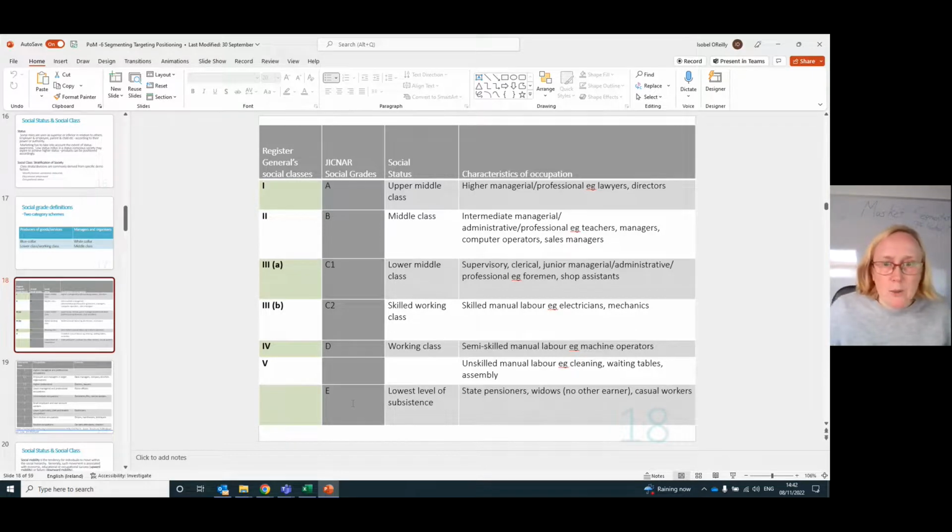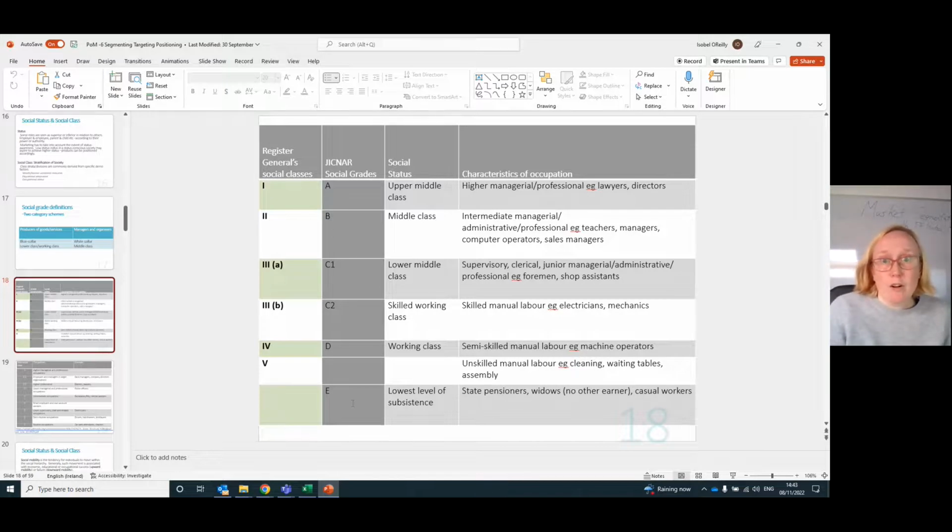It's updated from the previous one to take into account state pensioners, people who don't have their own private pension. They rely on getting the pension from the state.